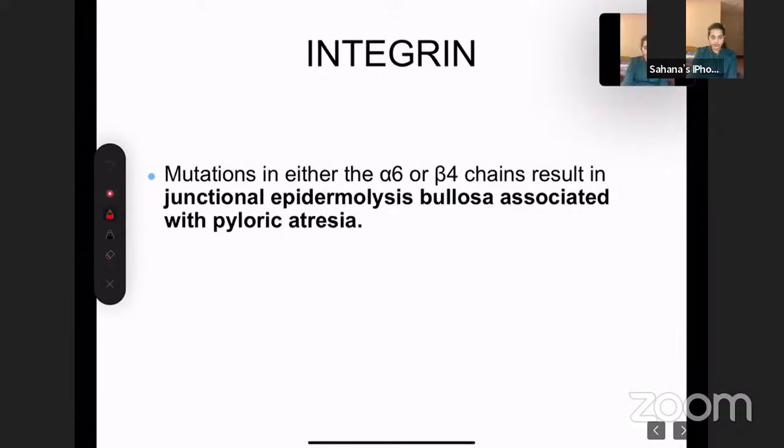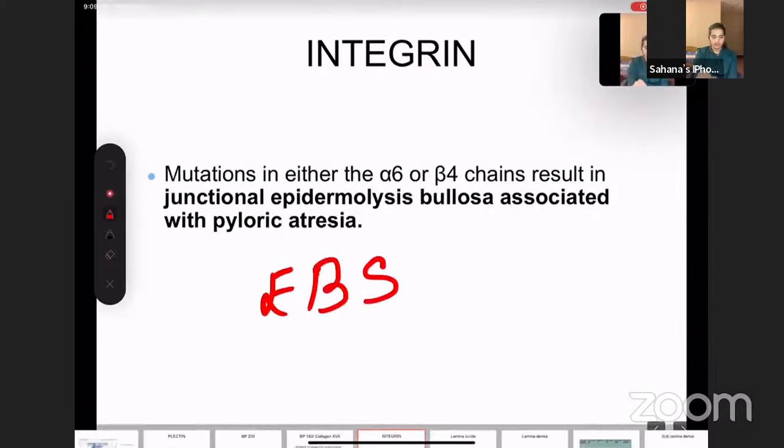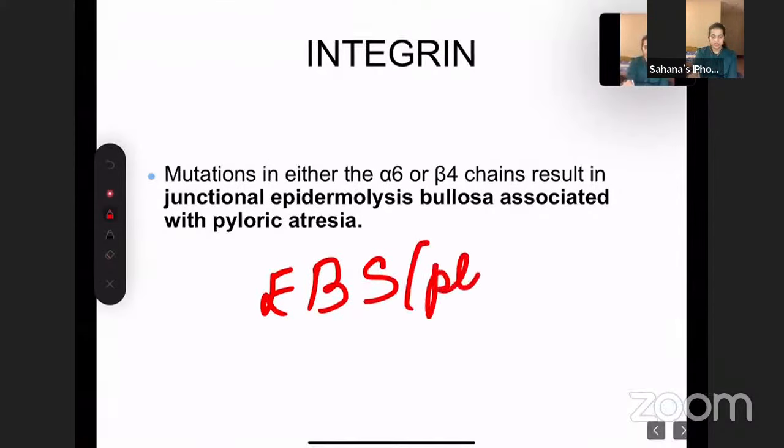Integrin is made up of two particular chains, called alpha 6 and beta 4. Again, they give rise to junctional EB. Like I said, EB simplex was one type of EB, where the gene was plectin.